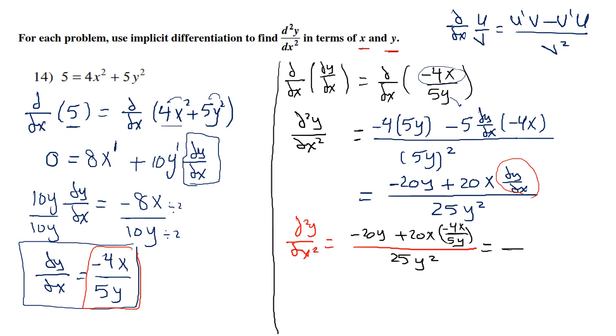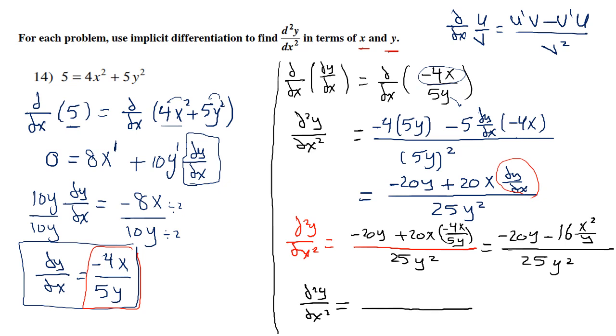So it's 25y squared, negative 20y plus 20 divided by 5 is 4, and positive multiplied by negative is negative 16x squared divided by y. To simplify all of these fractions and keep it in terms of x and y, I need to multiply each term by y.